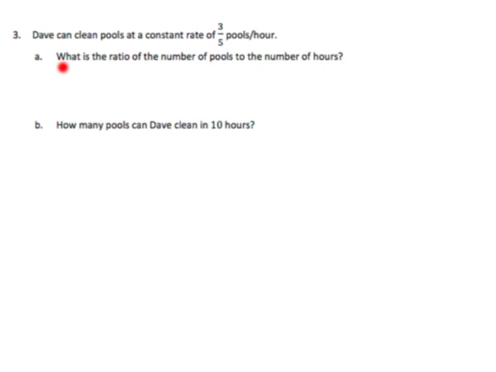So knowing that, what is the ratio of the number of pools to the number of hours? That's right, I just told you the ratio of the number of pools to the number of hours, P to H, 3 to 5.